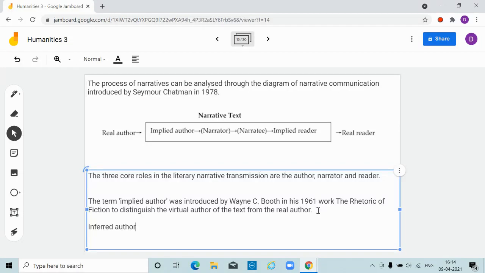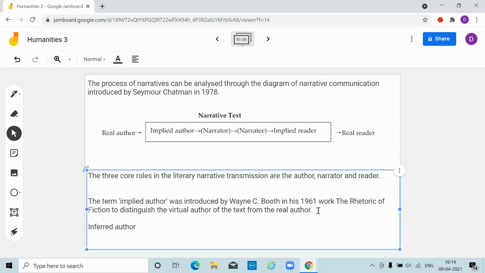So, implied author or inferred author. I hope you got the idea. This is the concept that you develop about all sorts of characteristics of the author from merely reading his work, which might or might not be true about the real author.